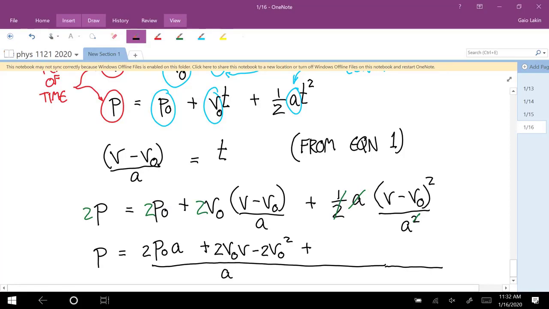And now squaring this out, FOIL, we have V squared minus 2 V0 minus V0 squared. This should have a 2 also.